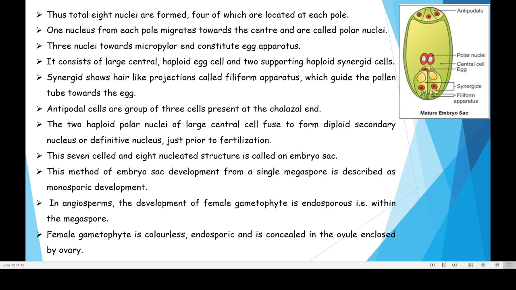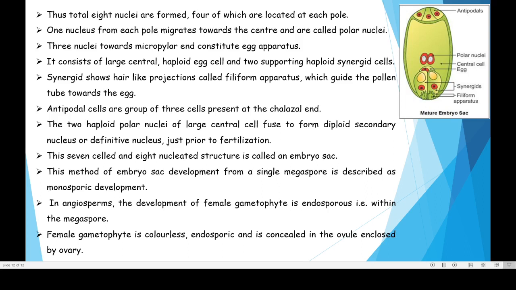Then in later stages, one from this end and one from this end come to the center. These 2 nuclei at the center are called polar nuclei, one from this end and one from this end.